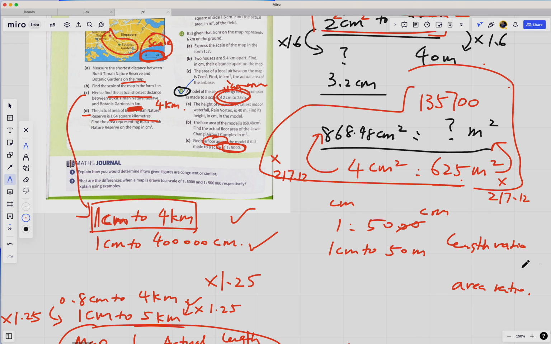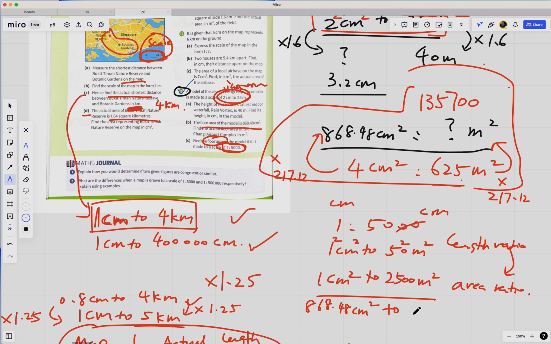How do you get to area ratio from the length ratio? Square everything, just put the square on top of everything. Then you simplify: 1 cm square to 2,500 meter square. So this is the area ratio. They say the floor area of the model is 868.48 cm square.